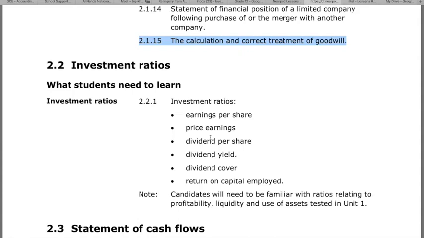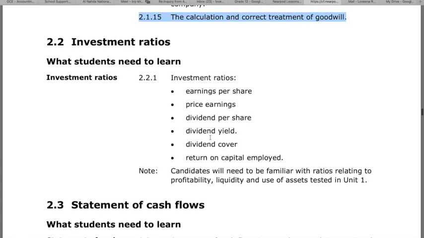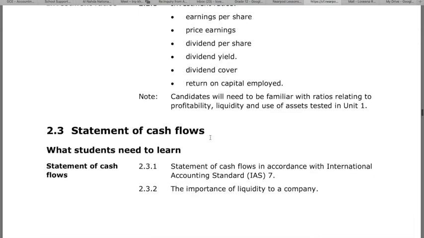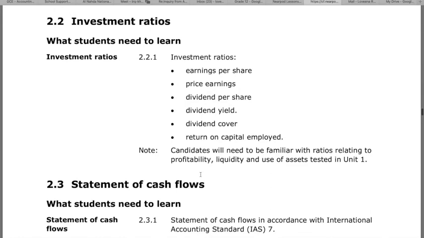Basically, these ratios are going to help you decide whether you want to invest your money in a particular company or not, and if you already have invested your money in that company, do you want to retain your money there, or do you want to sell it and liquidate your money, take it out and put it somewhere else? That is basically what you're going to study. That's why A level accounting is not actually accounting per se, it's finance. These are all finance from here onwards.